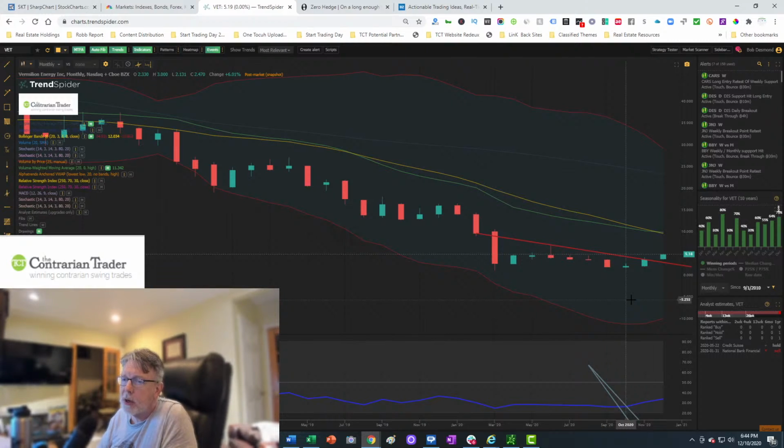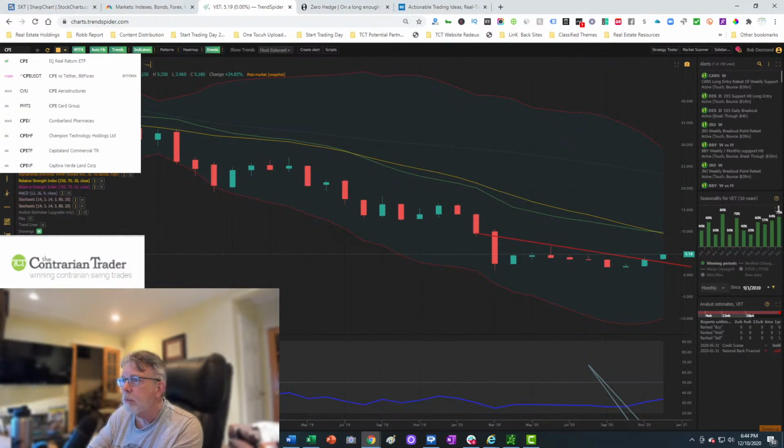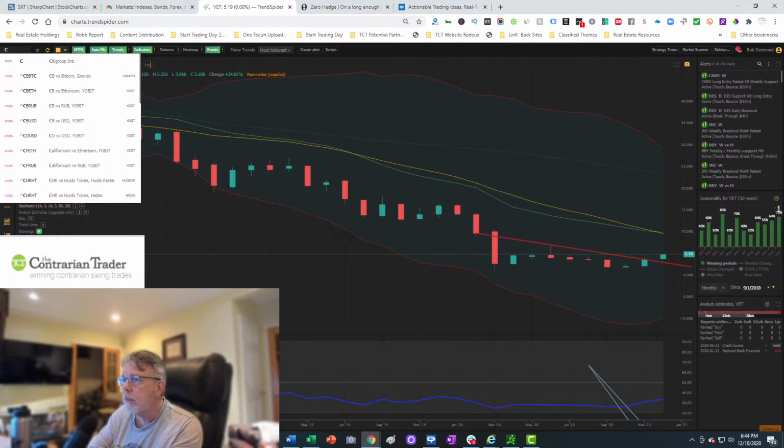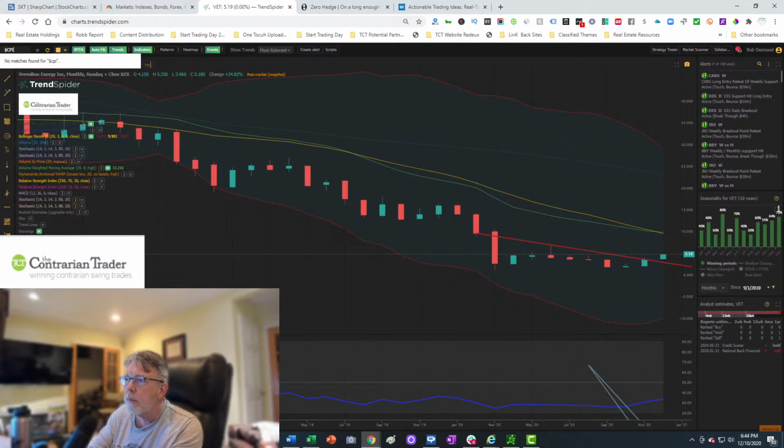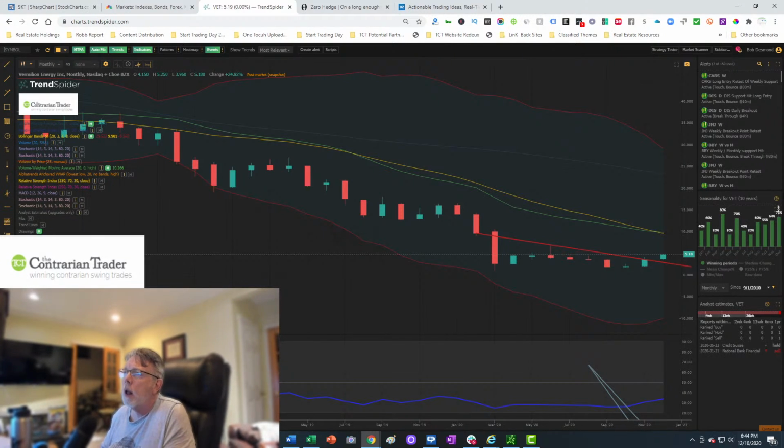Is there a ticker symbol for CPI? You mean the Consumer Price Index? There is for the CPI on stockcharts.com. I can get that for you. I don't know about TrendSpider. I haven't looked it up. Let's check it out. No. Not that I know of. But there is on stockcharts.com.